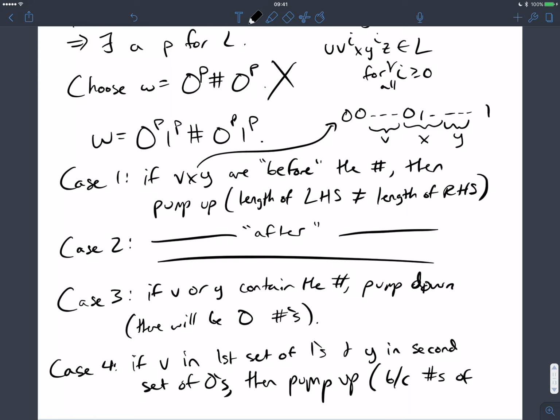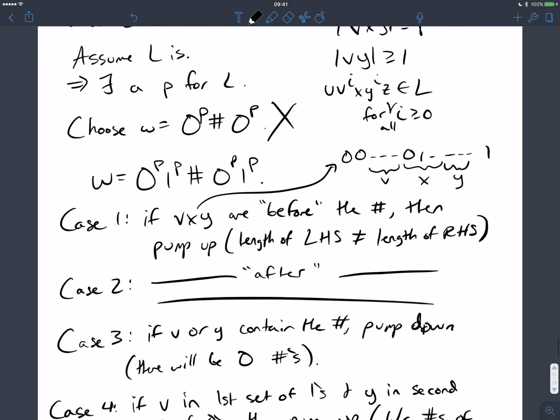So it wouldn't work to say that VXY is equal to 0 to the P, 1 to the P, because that has length 2P, which is longer than P. So I'm just saying, for all decompositions that have VXY in the first half, then you can use this to pump out. For all ones in the second half, you can do that, yeah.